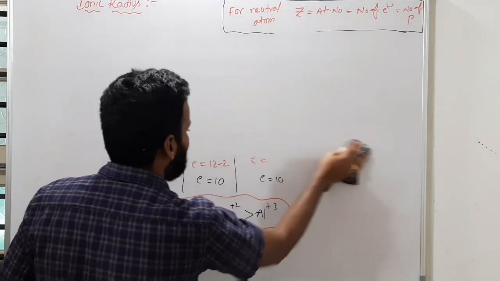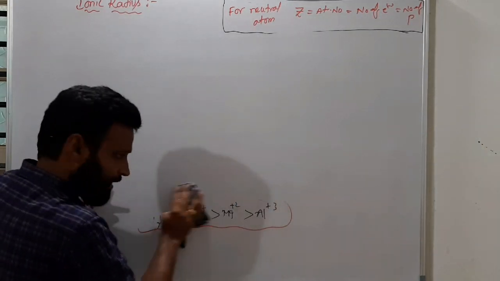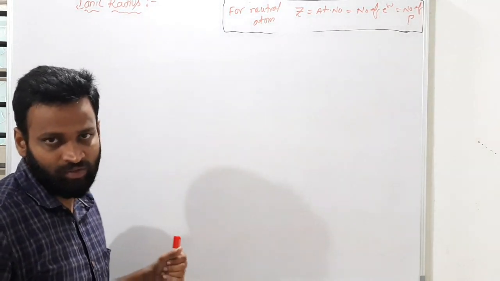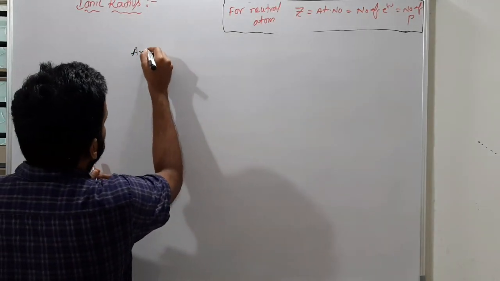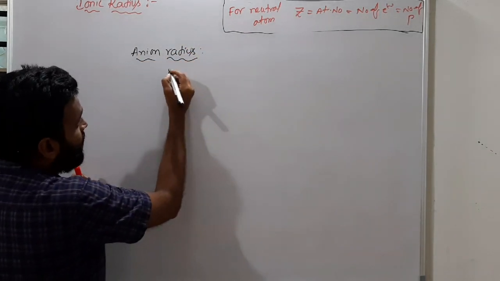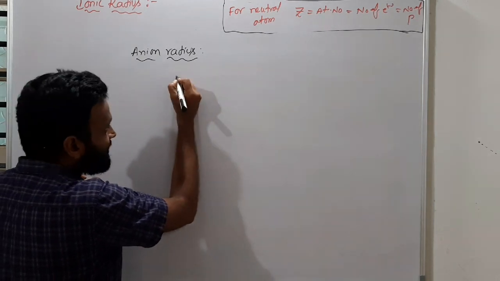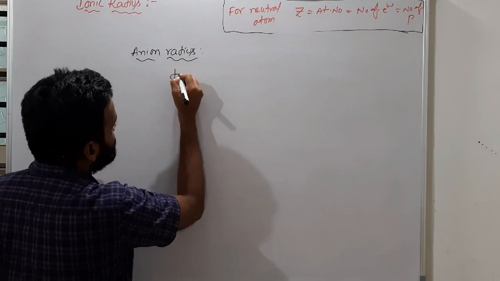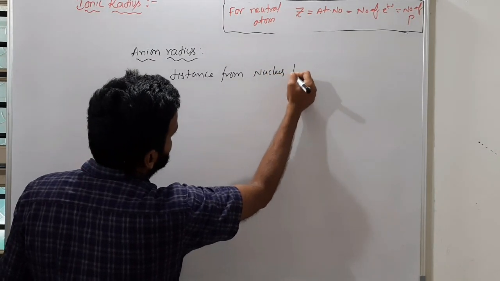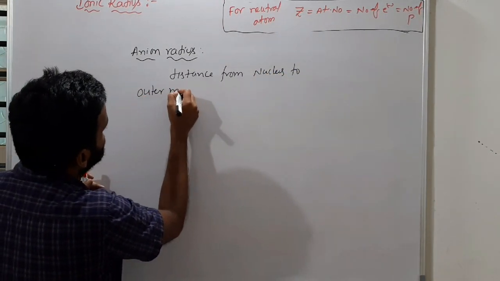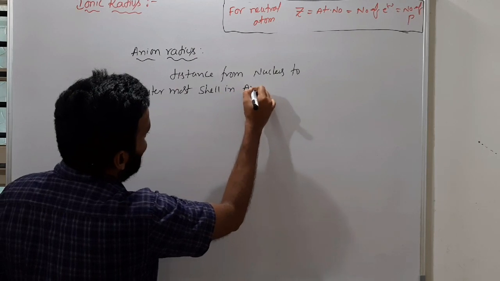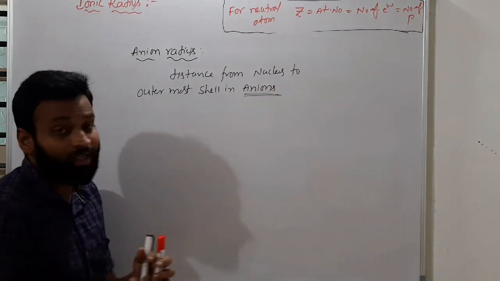It is the same story: the distance from the nucleus to the outermost shell, but for anions.